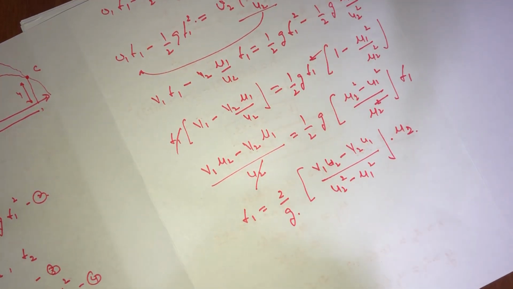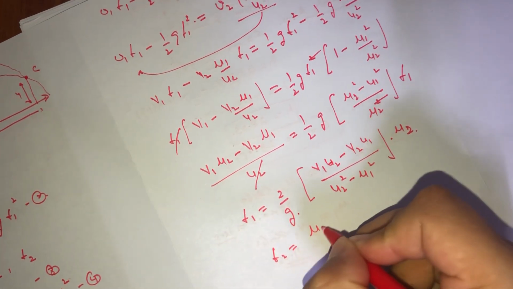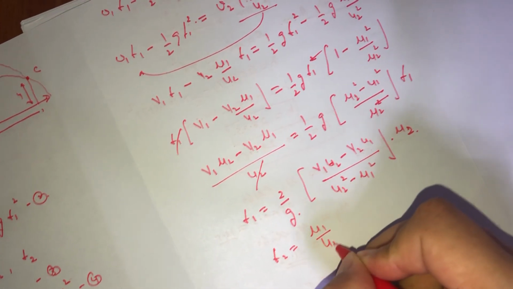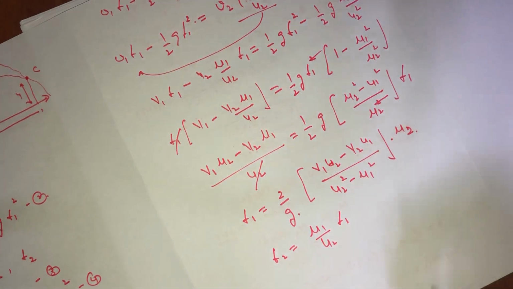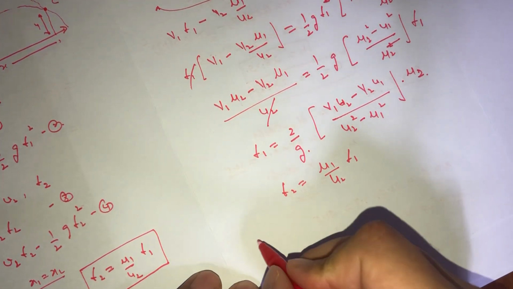So we already know t2, which is equal to u1 by u2 times t1. Now we are going to find the difference.